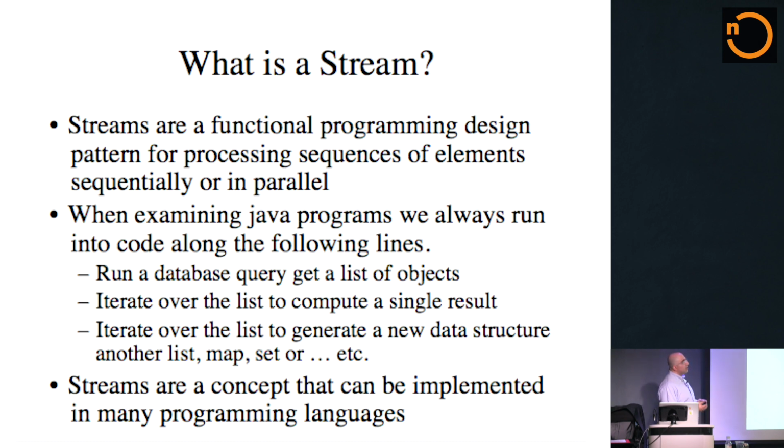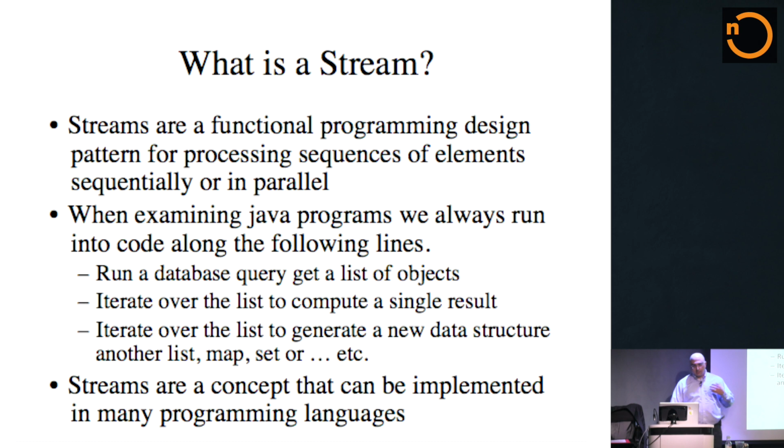It's a functional programming design pattern. Just like strategy pattern and command object are regular object-oriented patterns. And it's about a way of processing elements sequentially or in parallel. If you look at your code, you typically do something like maybe you write a database query, you get a list of objects, then you iterate over that list, you produce a single result. Or you iterate over that list and produce a map.